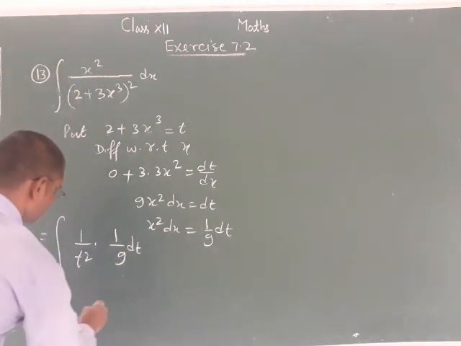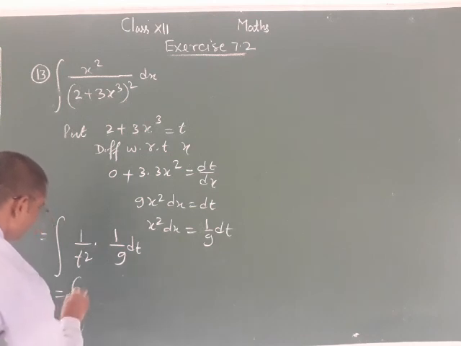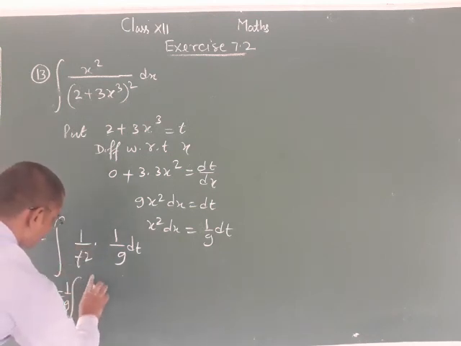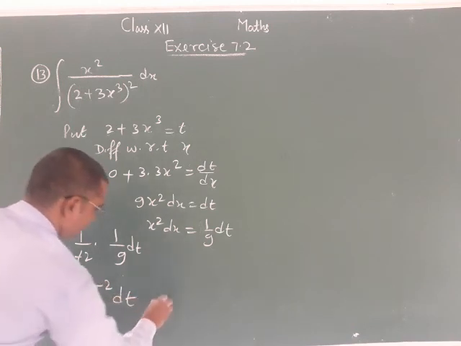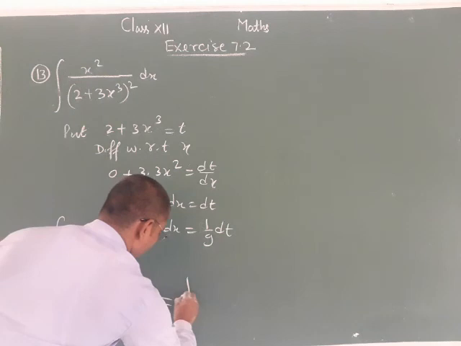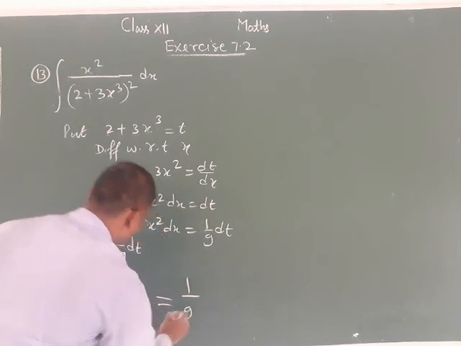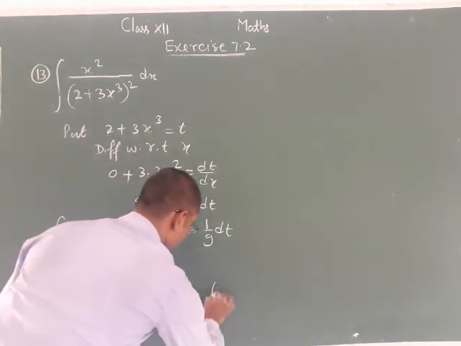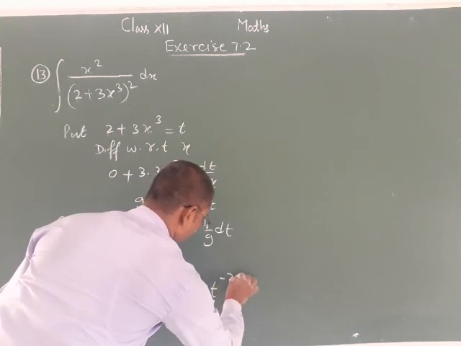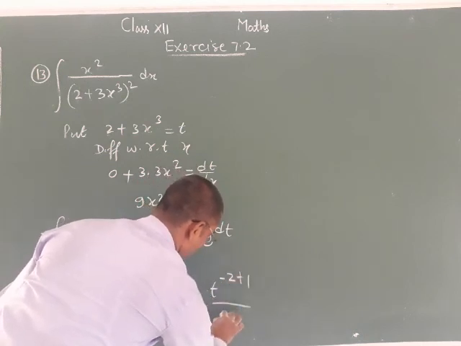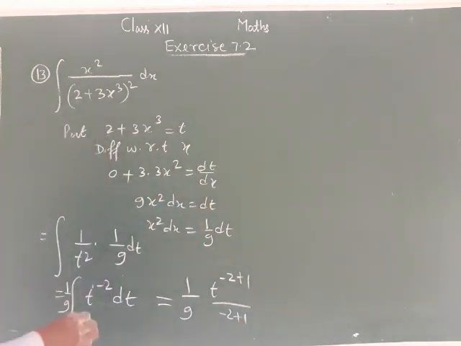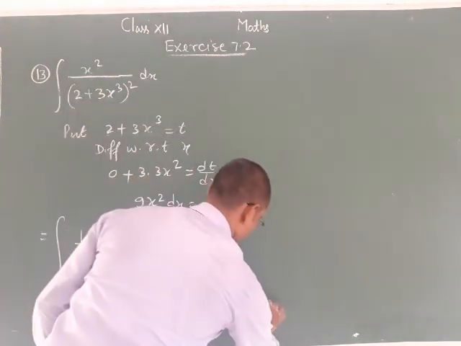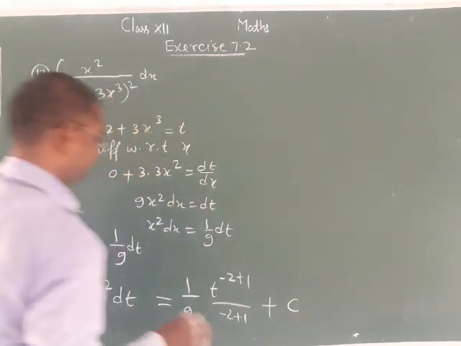And also we can write integral 1/9 and t to the power minus 2 dt. Also change 1/9 integral t to the power minus 2 plus 1 upon minus 2 plus 1 plus c.